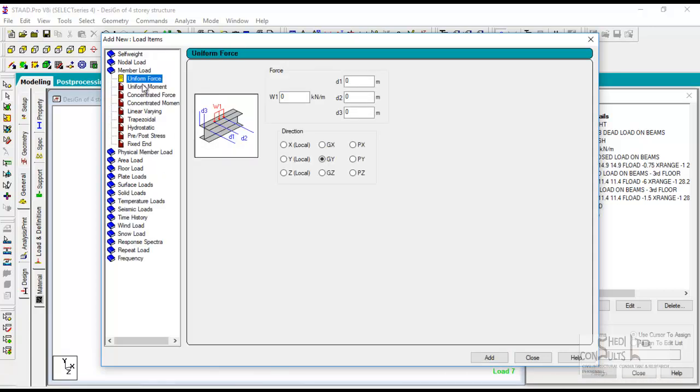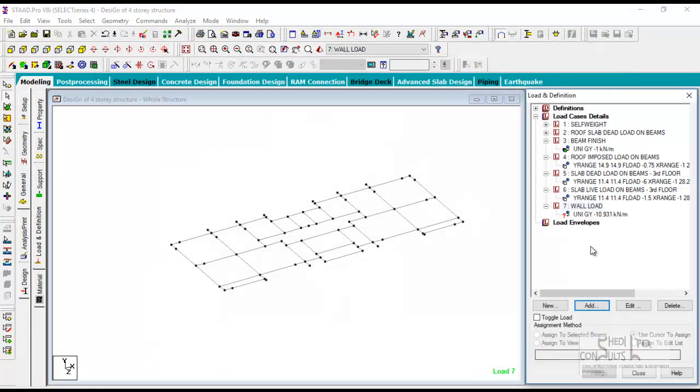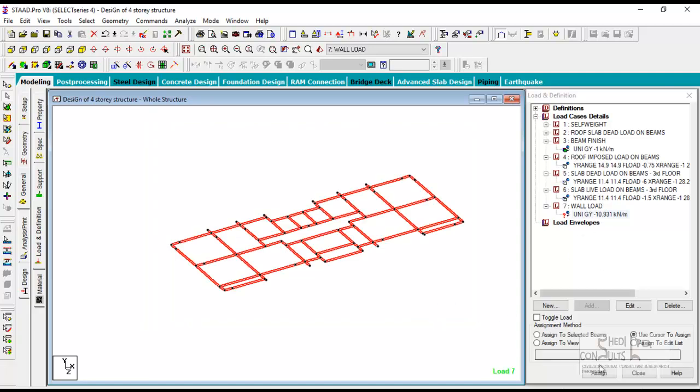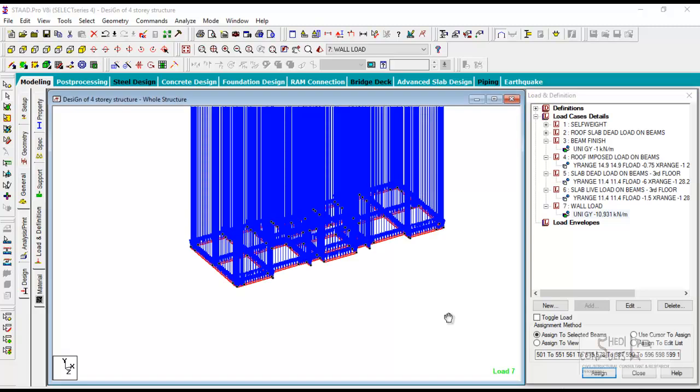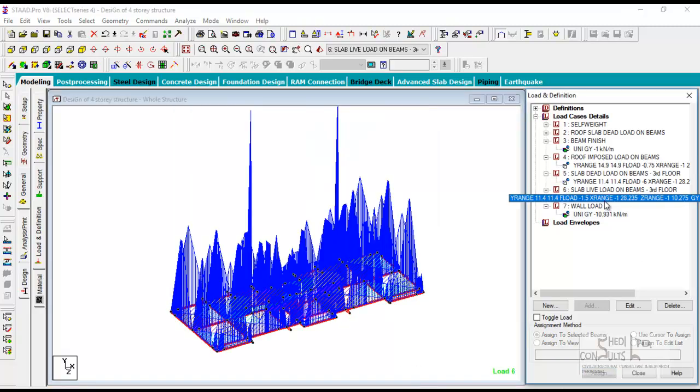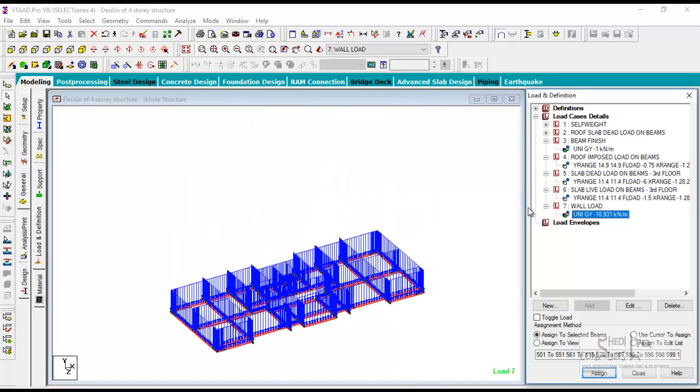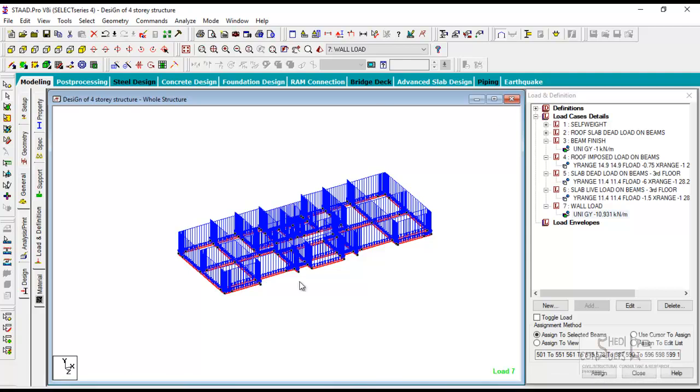So take it, apply on the entire beams. We assume that all the beams are carrying walls. Wow, that's great. So this is on the third floor.